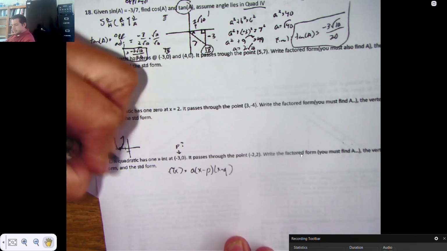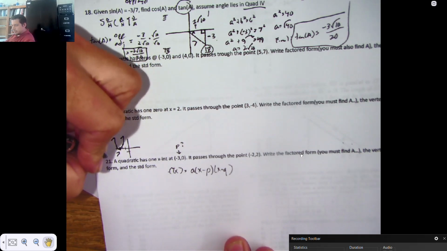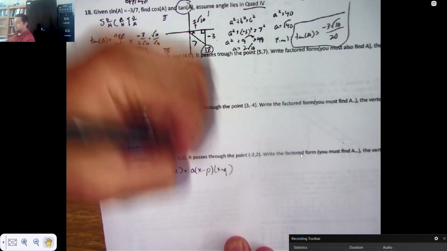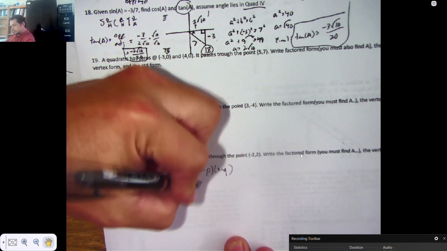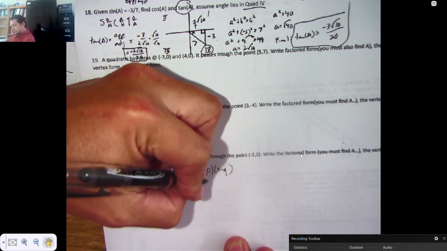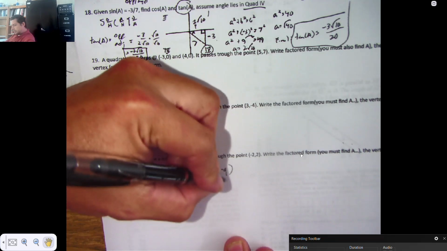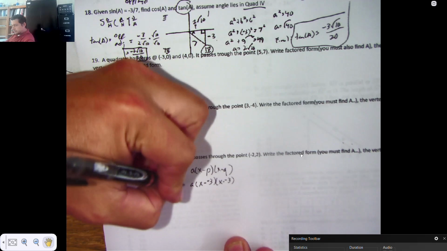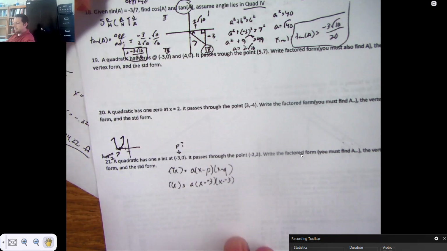What happens is this guy happens twice. Taking away a negative 3 has to happen twice. By the way, taking away a negative is positive.